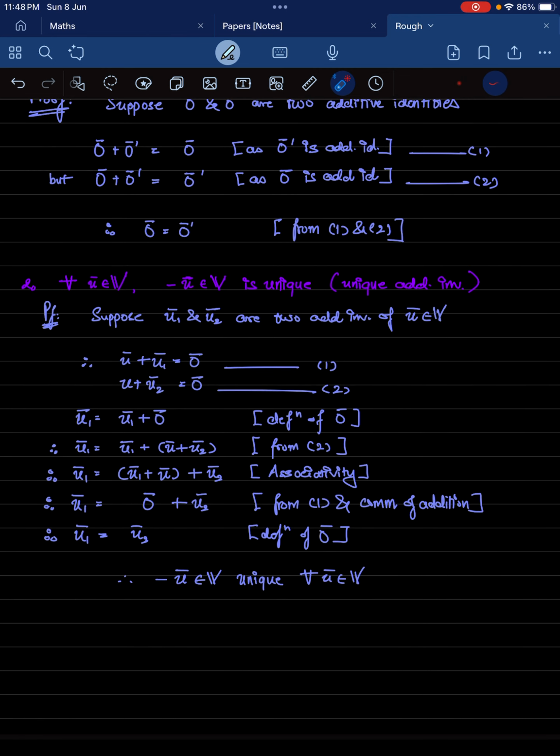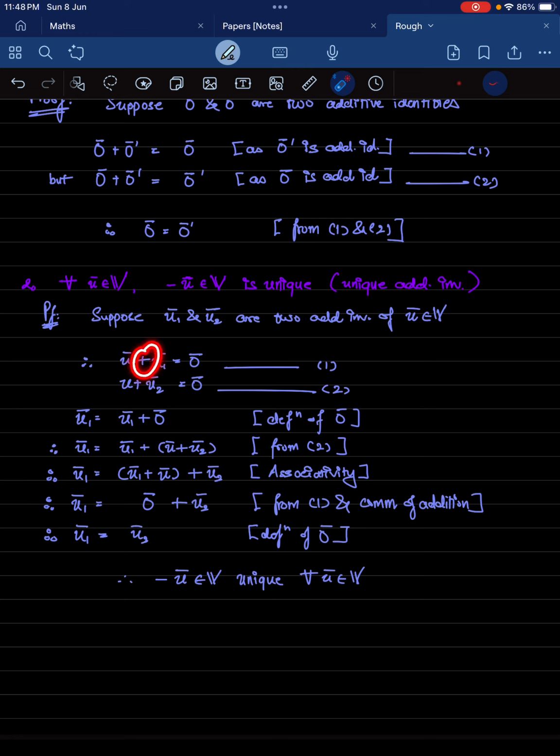Secondly, for any vector u, the additive inverse is unique. Well, again the same proof as before. So even in the fields, we proved that the additive inverse was unique. So now do you understand why I told you to not just memorize the proofs? In fact, go through the algebra carefully. It will be useful.